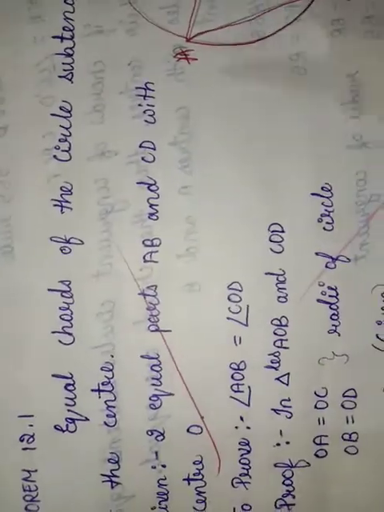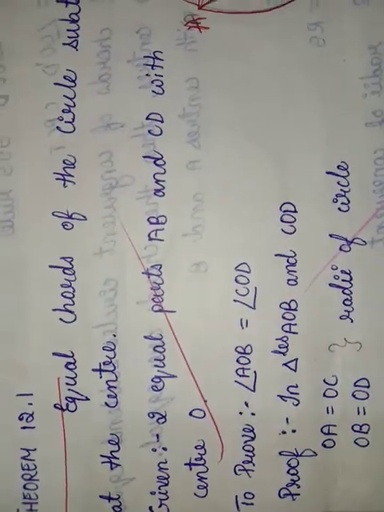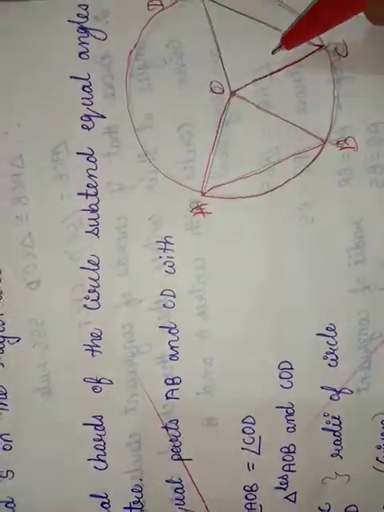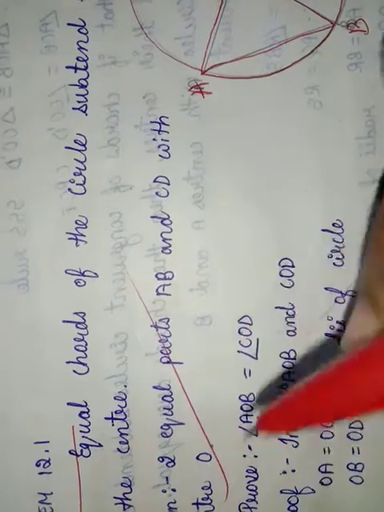Now, we have a theorem here based on this concept. Equal chords of a circle subtend equal angles at the center.